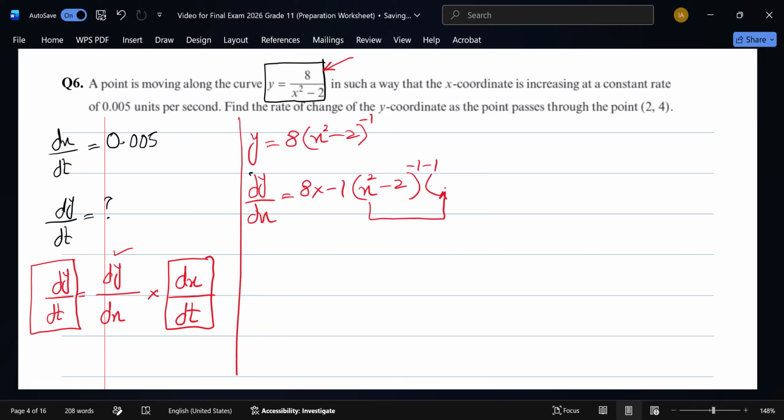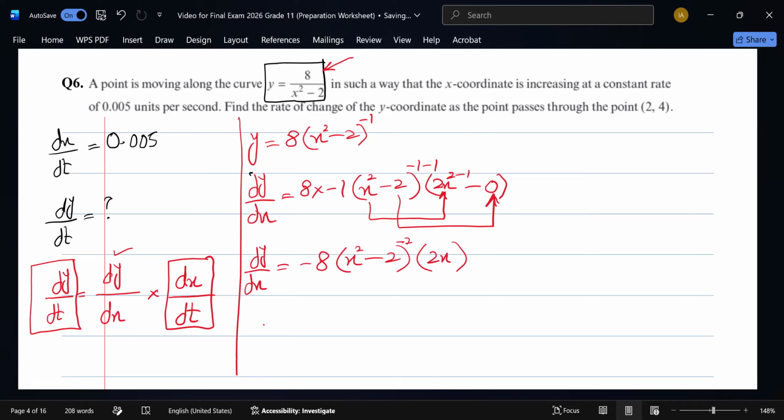So we differentiate x squared, that's why it's going to be 2x, minus 1. The last thing is the number 2. It's a constant with no x, therefore the derivative becomes 0. So dy over dx is going to be negative 8 times (x squared minus 2) power minus 2, and this is times 2x.